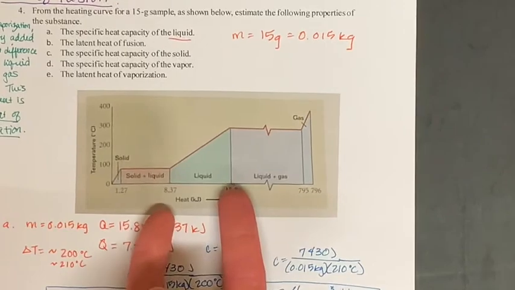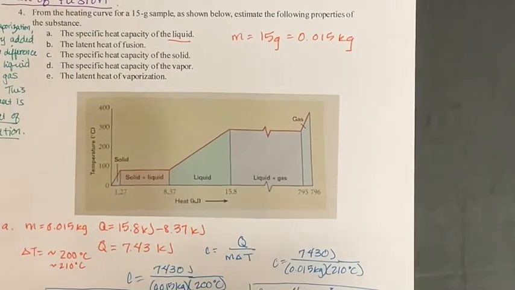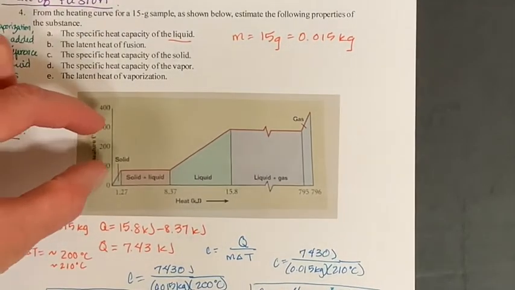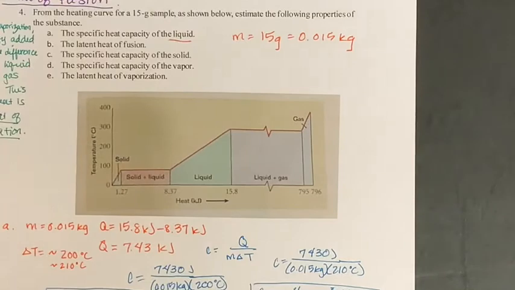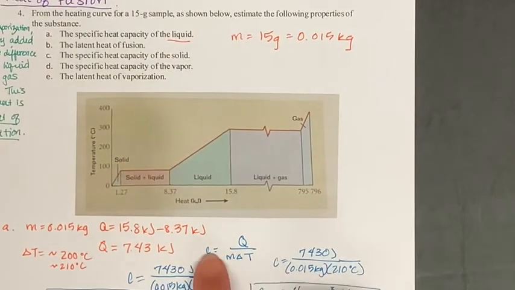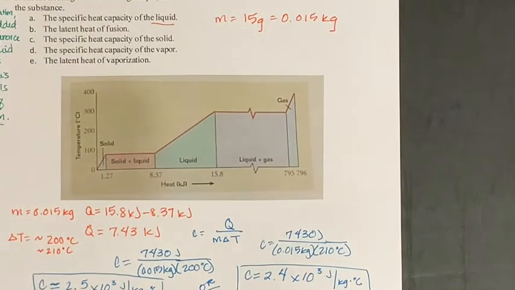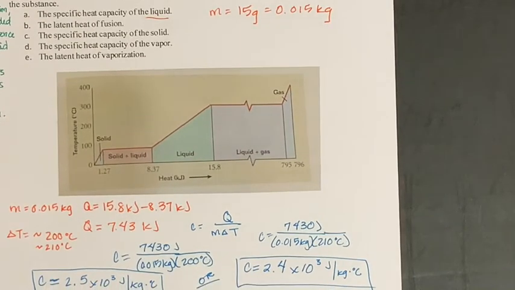We have this Q, how much heat was added: 15.8 subtract 8.37. And we can estimate our change in temperature. So C is equal to Q divided by our mass times our change in temperature, and just estimate your temperature and you can figure that out.